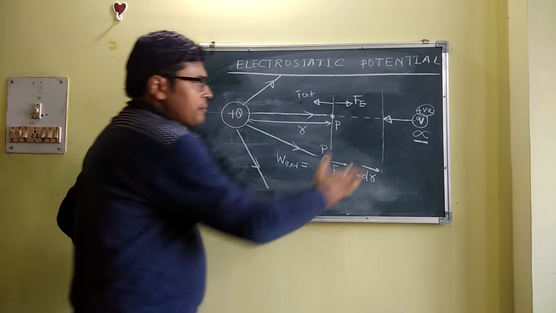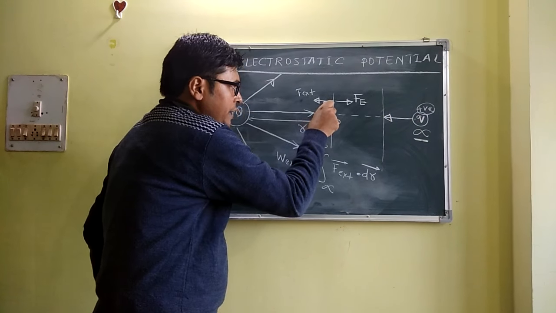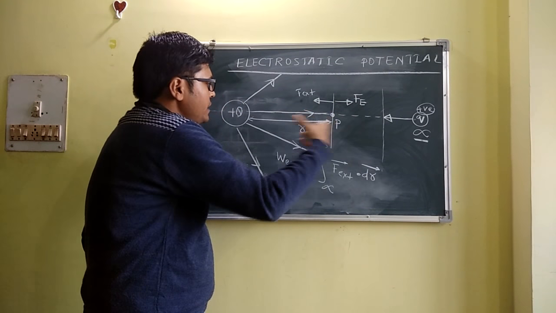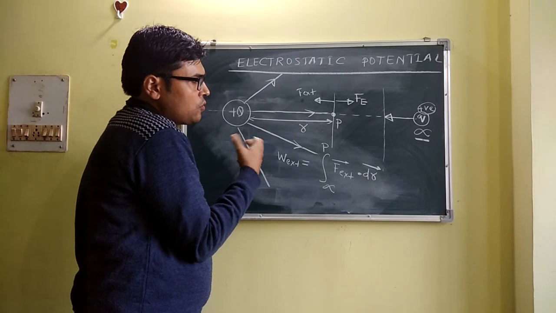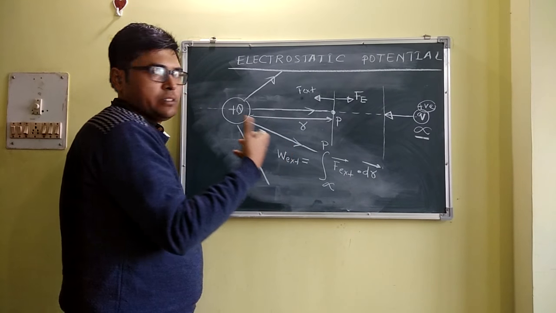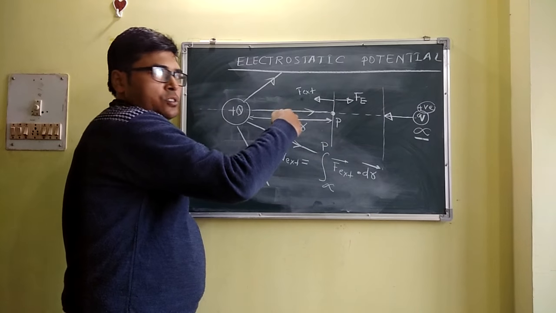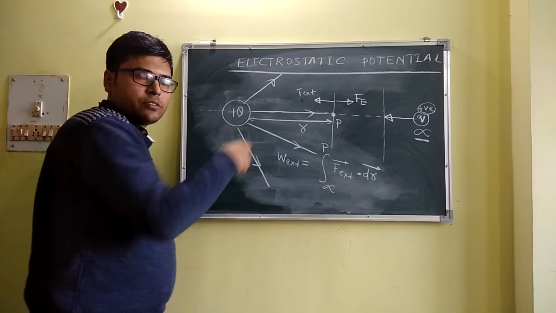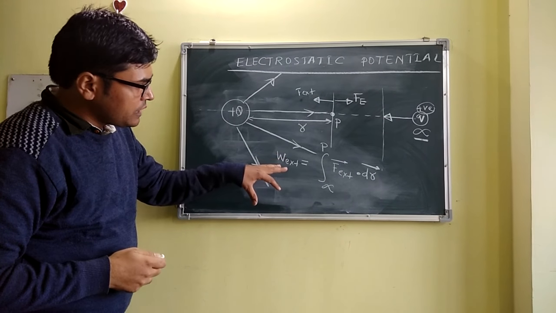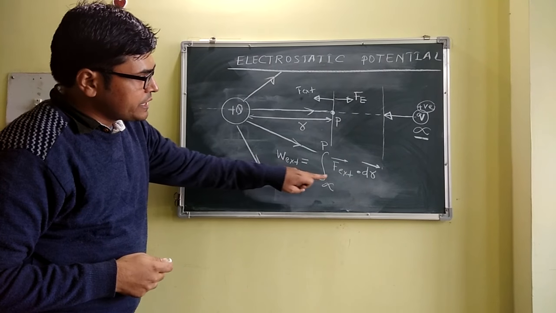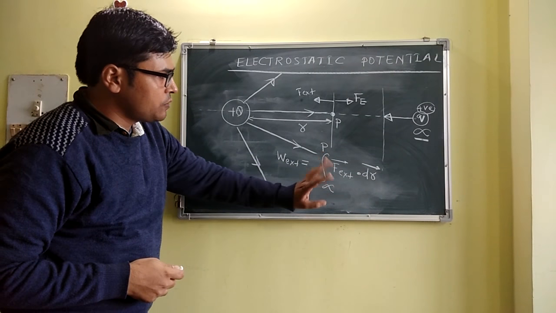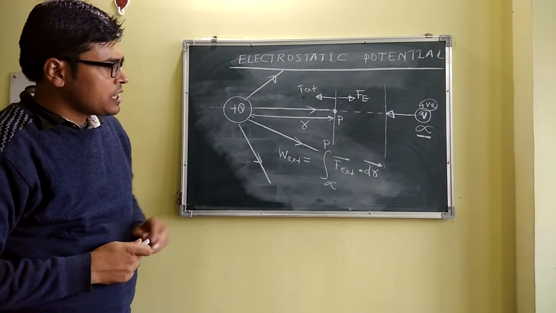So we are moving from infinity towards point P, towards the electrostatic field of this charge. So obviously we have to apply some external force to move it towards this charge. So there will be some work done, which can be calculated as F external dot dr, which is the standard definition of any work done.